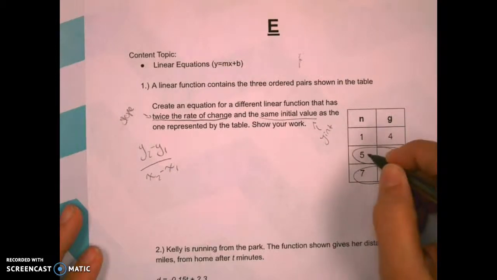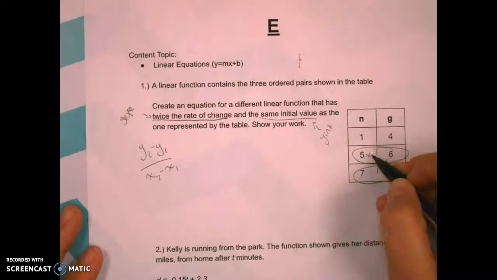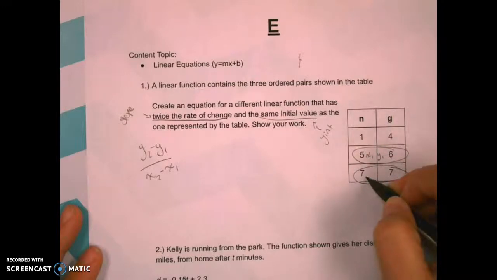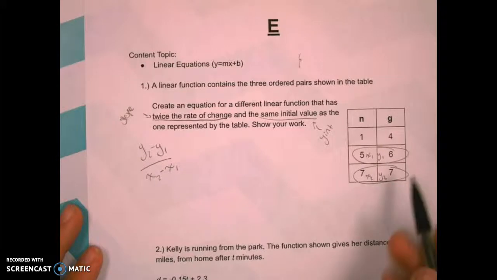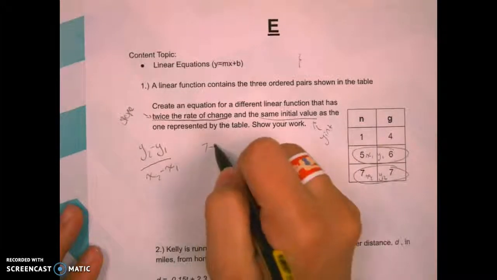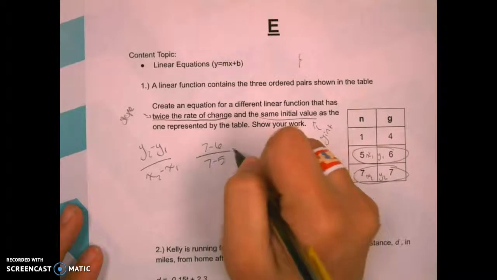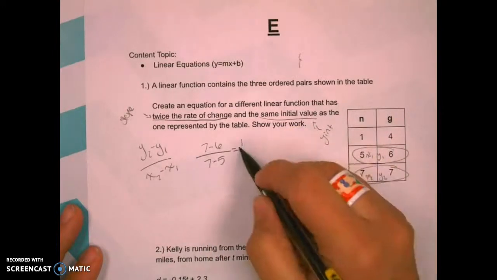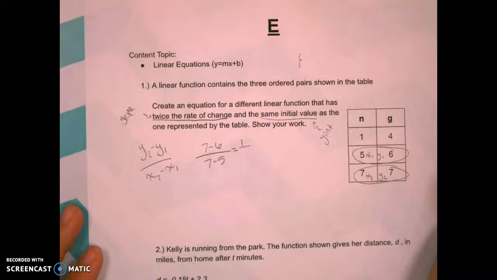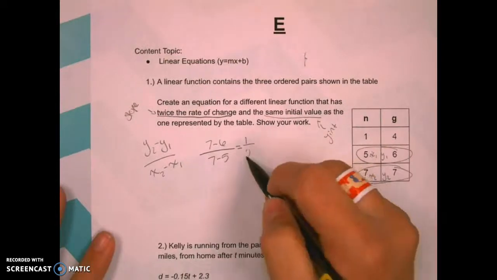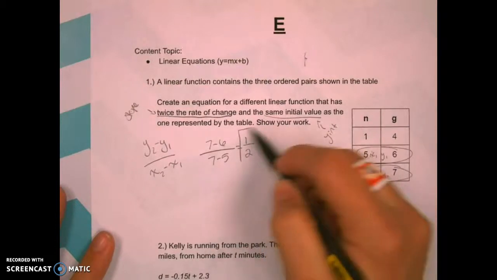And this is going to be my first ordered pair, and this will be my second one. Alright, so I have 7 minus 6 over 7 minus 5. 7 minus 6 is going to give me 1. 7 minus 5, so 5, 6, 7 would be 2. So my slope is a half.